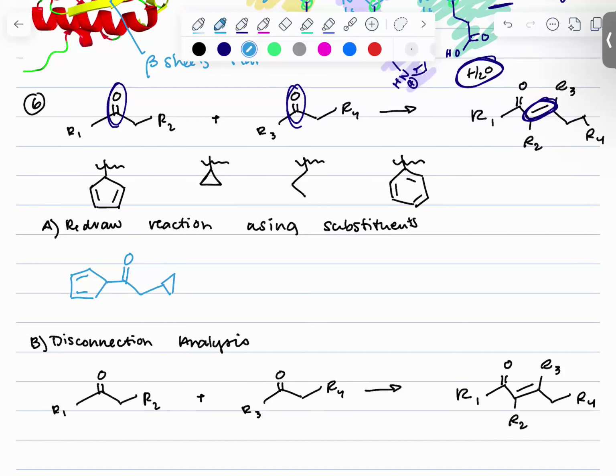Bam. I already got half of this down. We have 2 left. R3 is just 3 carbons. And R4 is an aromatic ring.